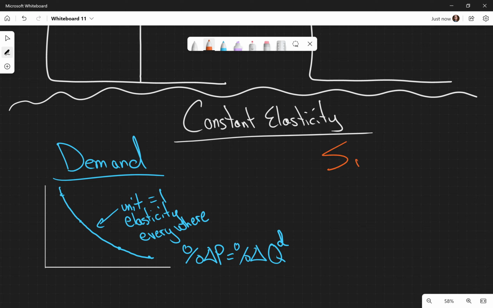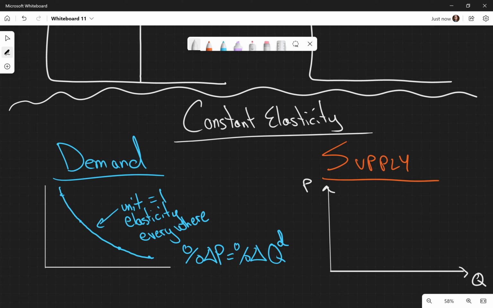Supply looks weird. It's not terribly important. It's more of a footnote than anything else. I think the book brings it up just for completeness, since we talk about the perfect elasticity for demand. I'm sure people wonder what perfect elasticity for supply looks like. That is a flat line out of the origin, 0, 0.